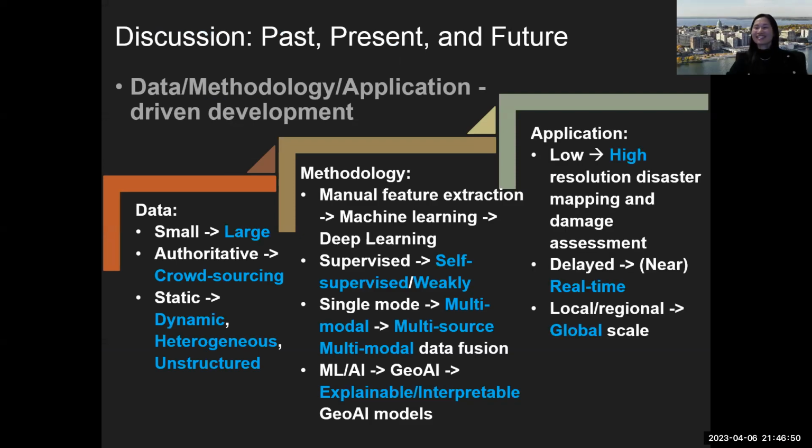So basically, I would think in future, right now, one example is flood mapping and damage assessment with remote sensing data sets. We primarily utilize remote sensing, but in future, I think it will be multi-source data fusion.